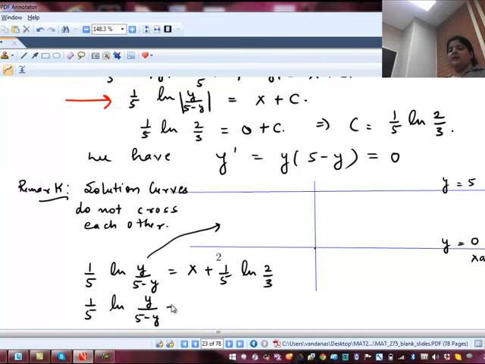So I have to divide this by 2 over 3. Right? Because if this term goes to the left, it would be minus 1 over 5 ln of 2 over 3. ln a minus ln b is ln of a over b. So it will be this, and this has to equal x. This will further imply, with a little more simplifying, that we have here 3y over 10 minus 2y is equal to e to the power 5x.